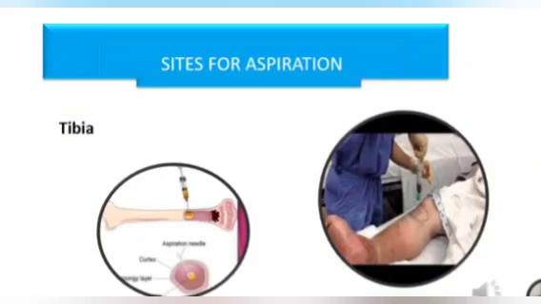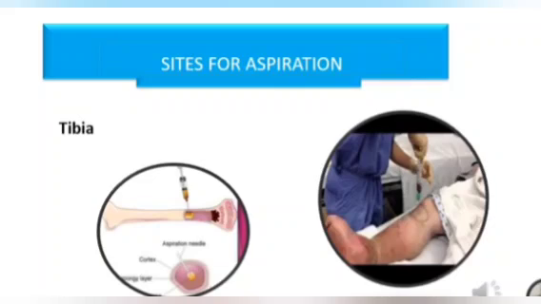The tibia is also a choice for aspiration. And in case of children less than 2 years of age, the medial surface of the tibia, slightly below the tibial tuberosity, is the best site of choice for the aspiration.